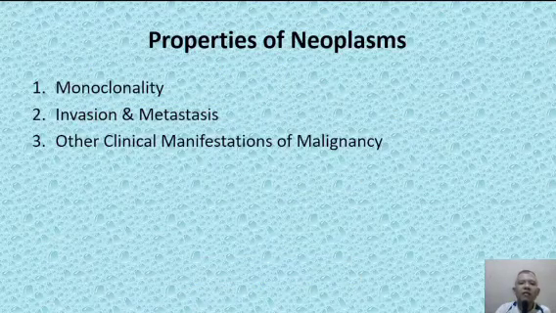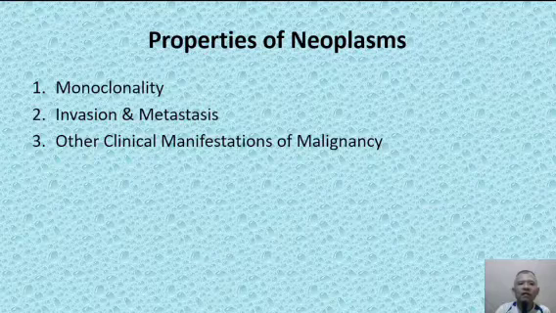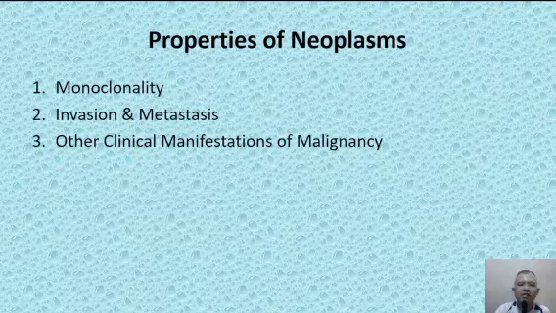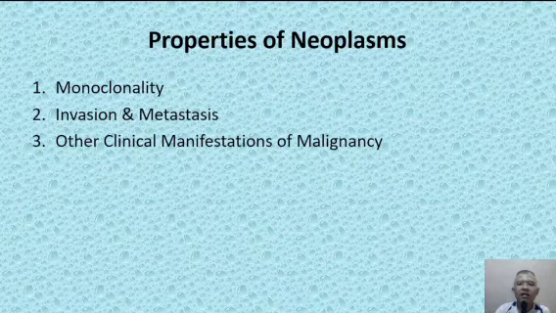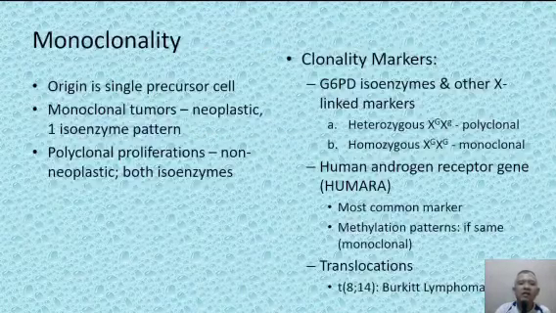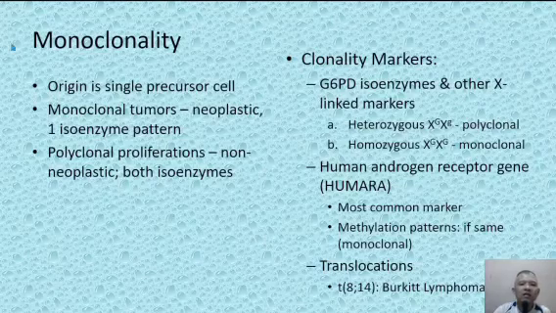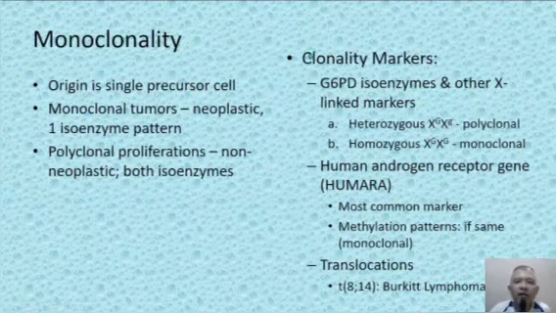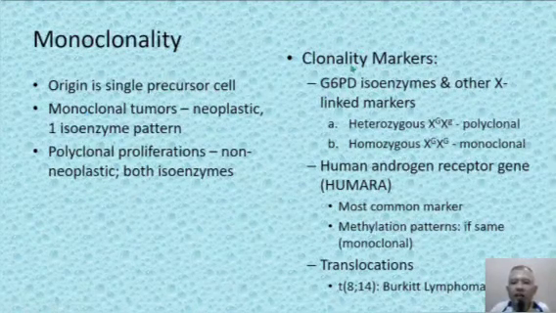So the properties of neoplasms. Number one, monoclonality, invasion and metastasis, and other clinical manifestations of malignancy. Monoclonality just means that the origin is a single precursor cell. We have markers for clonality.